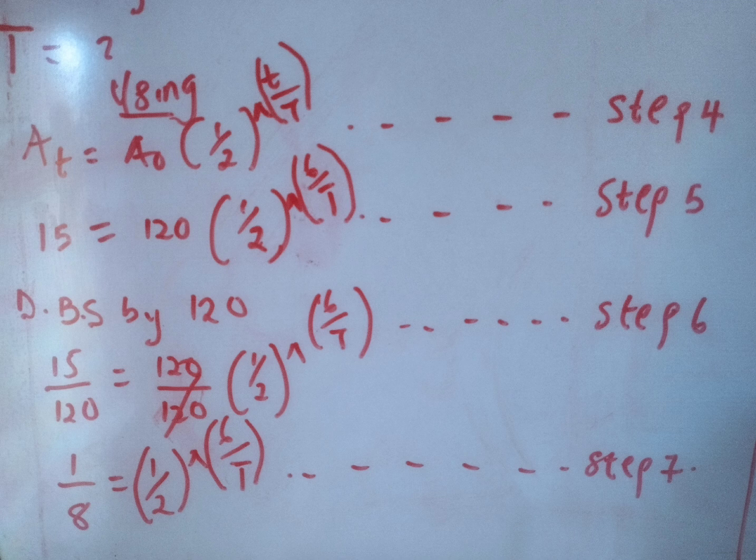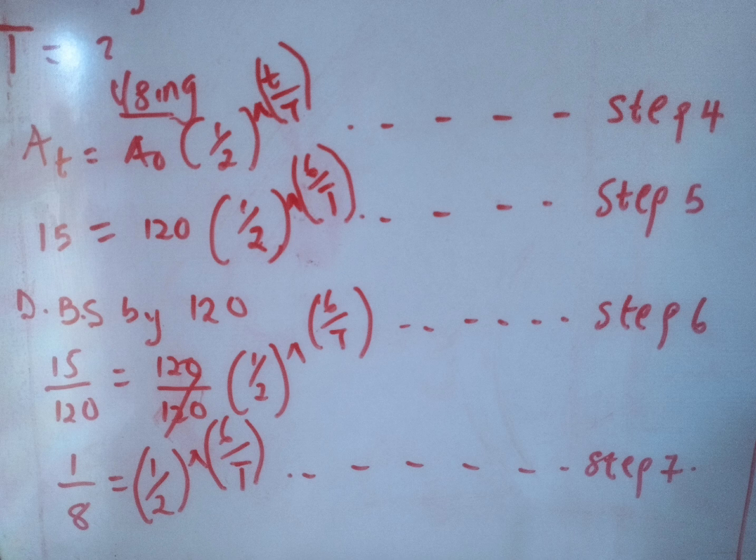Then we reduce this to the lowest term. If you divide 15 by 5, that gives us 3, and 120 by 5 gives us 24.